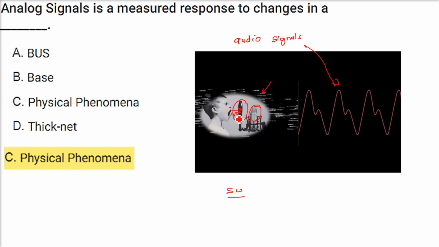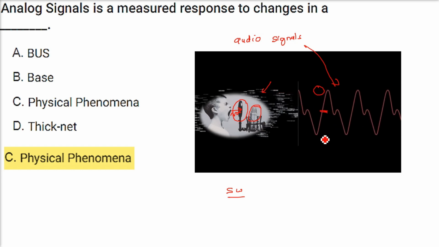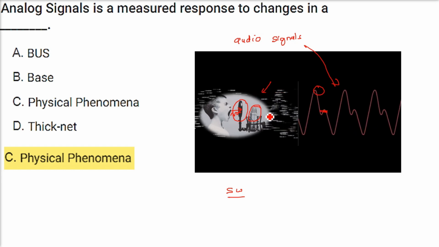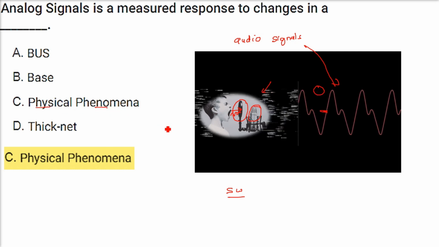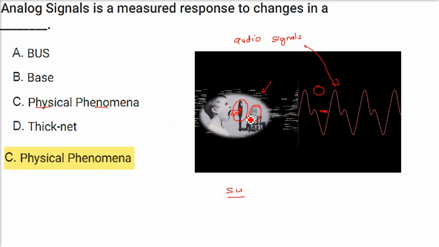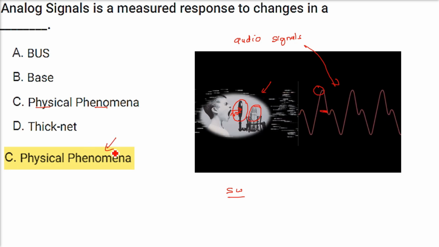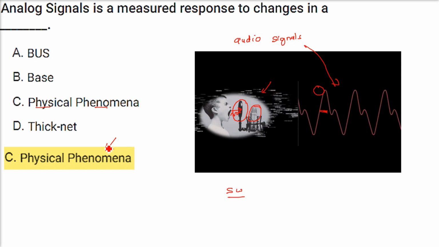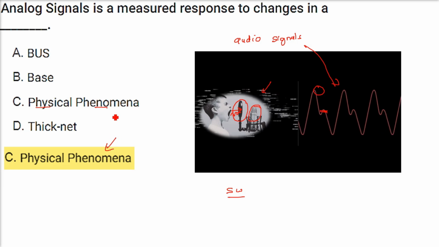And if you are speaking not that loud, or slowly, the amplitude will be lower. So the physical phenomenon is the actual answer for this analog signal, which is measured. It is measuring the response to changes in the physical phenomenon. Even if you go to some water and start saying something, you are also using a physical phenomenon.